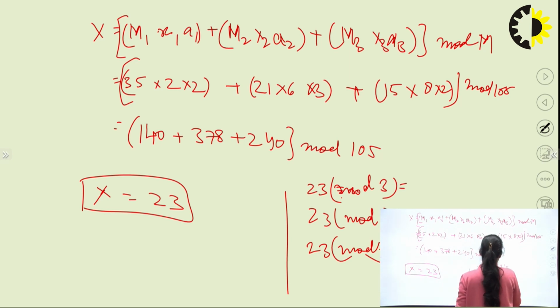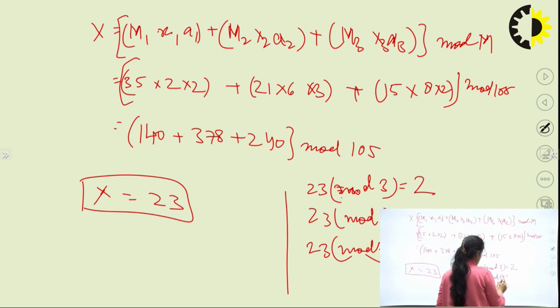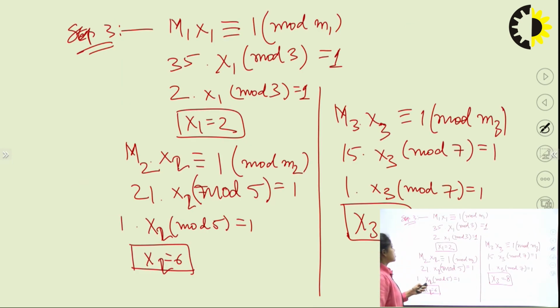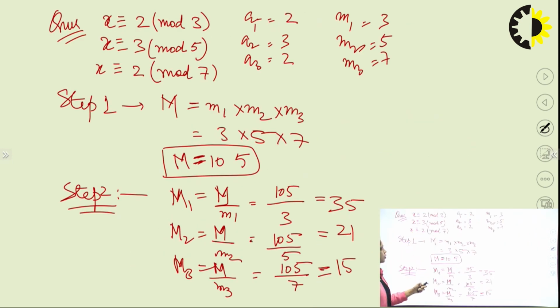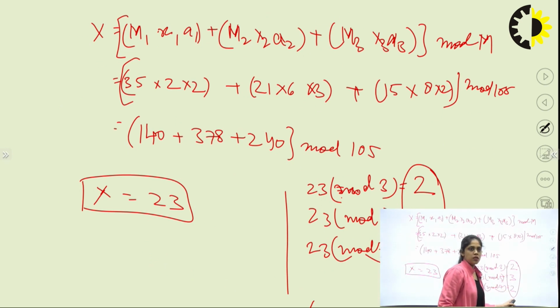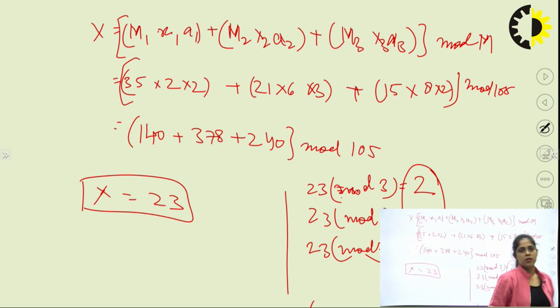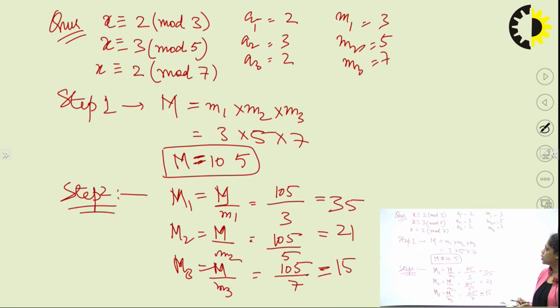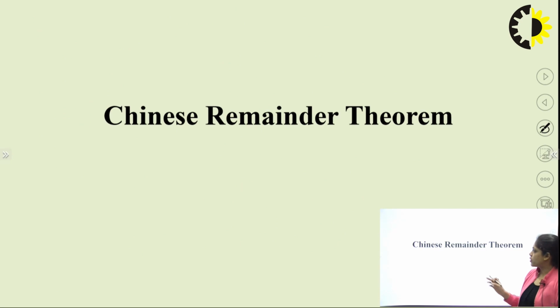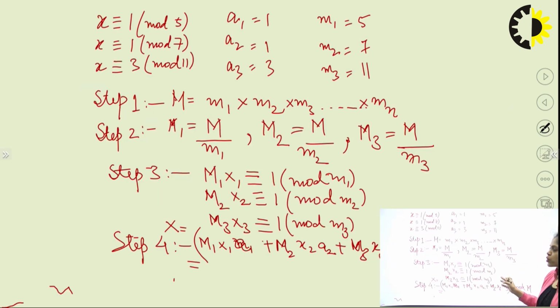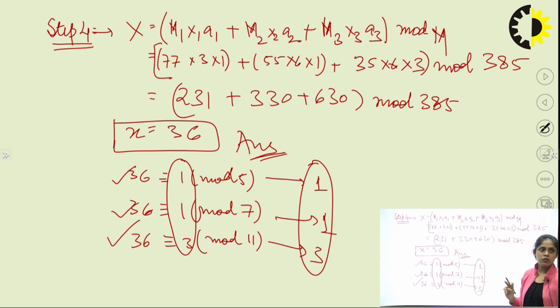You can see it gives the values 2, 3 and 2, and these values are exactly the same as in our question: 2, 3 and 2. So by this we can see how, using the Chinese remainder theorem, we have calculated the value of x. We have talked about the Chinese remainder theorem, question 1 to calculate the values, question 2 to calculate the values. That's all.